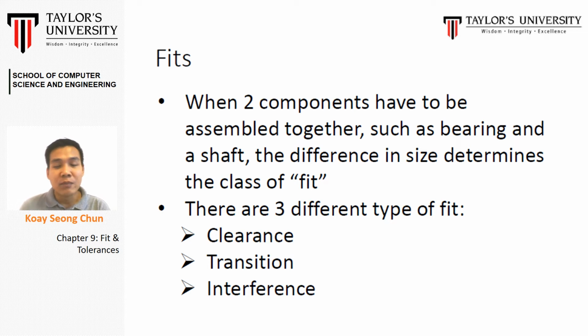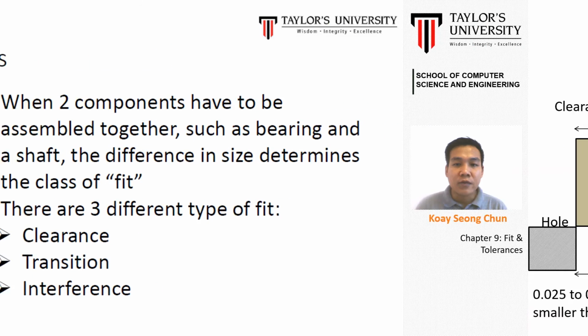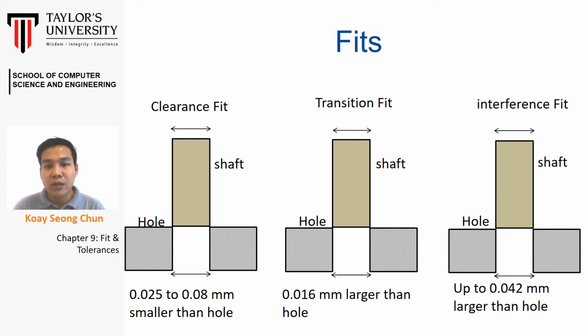And for the coming slide, I will explain to you the difference between these three types of fit. First, we need to know what is fit. Okay, so for fit, we have three different types: clearance fit, transition fit, and interference fit.